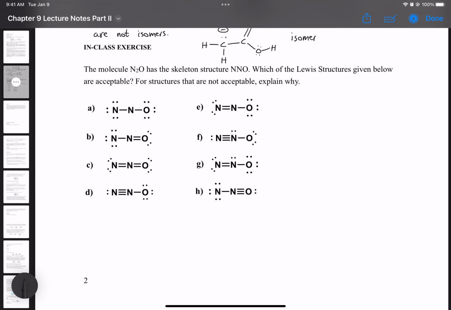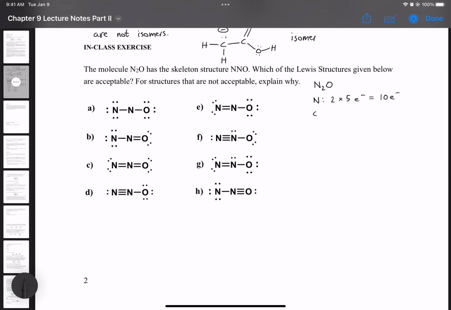Okay, so let's first calculate the number of valence electrons for N2O. Nitrogen oxide, dinitrogen oxide, or dinitrogen monoxide, okay? So we have 2 nitrogen atoms. For nitrogen, we have 2 times 5 electrons each equals 10 electrons.